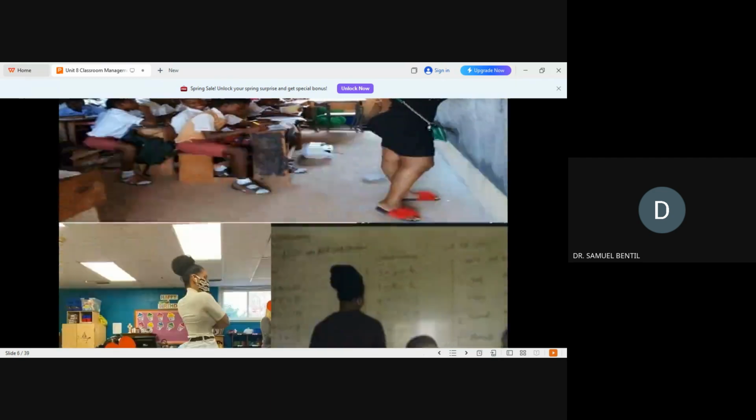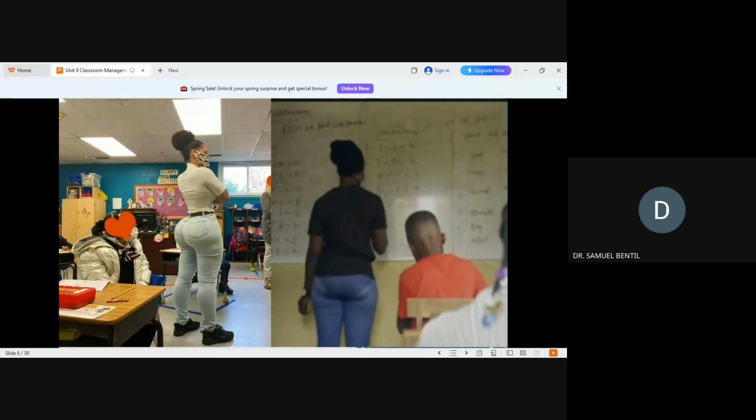Okay, look at this picture. Forget about the black American guy. Focus on the Ghanaian picture. Look at the jeans that the madam is wearing. You could see that the pants has even drawn in the jeans. Have you seen it?